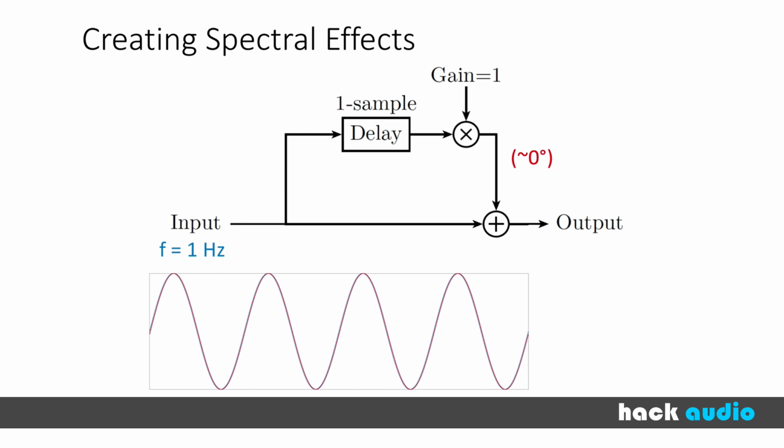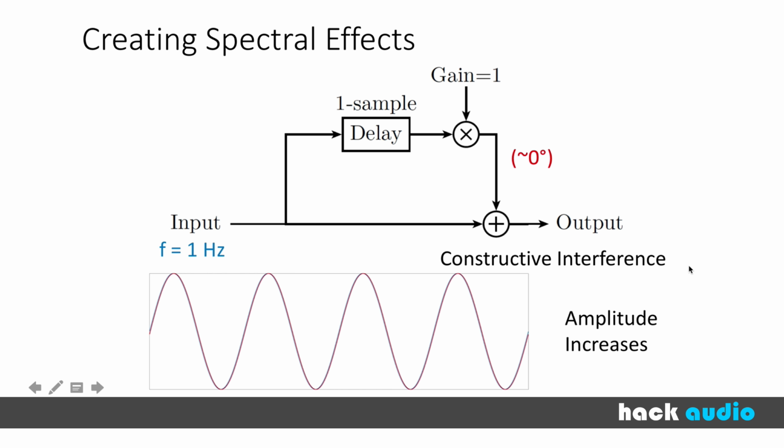The blue signal and red signal are essentially right on top of each other. So what happens? We add these two signals together. We know what happens as audio engineers. You add blue plus red in this case. We describe that in terms of constructive interference. So adding these two things together, we get constructive interference. What's the general effect then? Our amplitude actually increases for this frequency when we feed it through this system because we're adding it together.